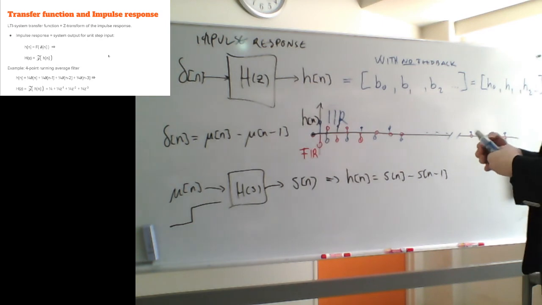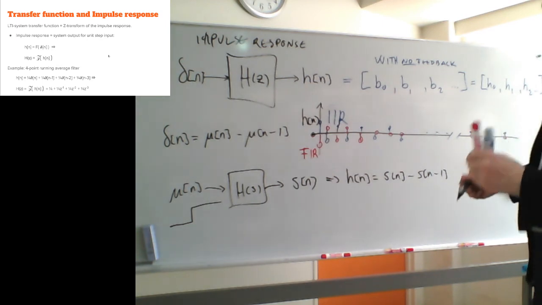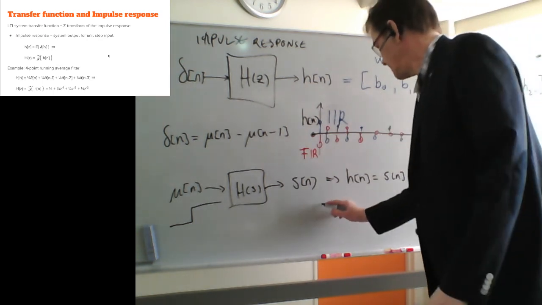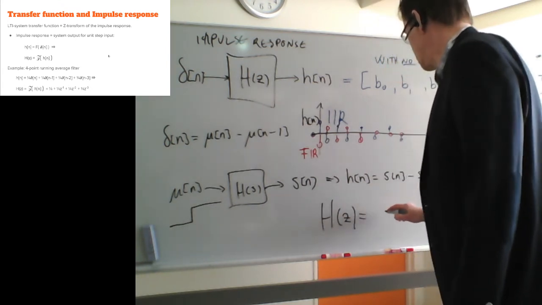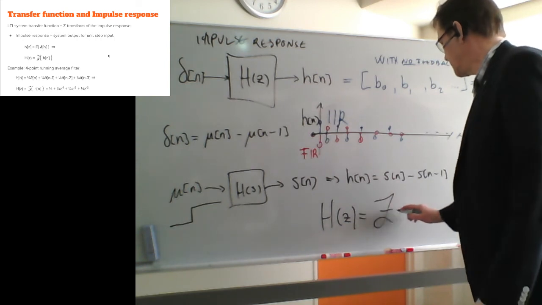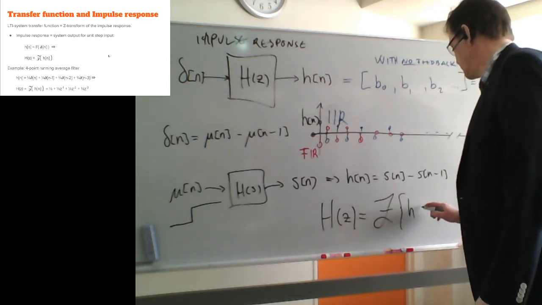So the transfer function is the Z transform of the impulse response.